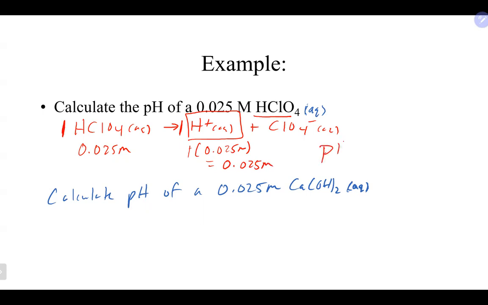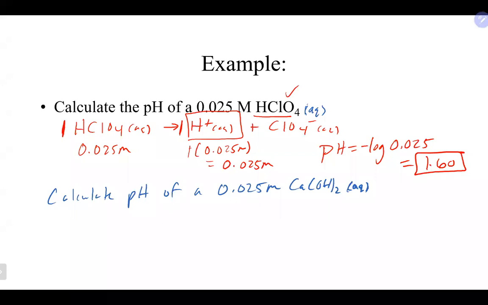That is good because we could just go into our pH now, minus the log of 0.025, and that will get us, looks like, 1.60 as our pH. That is acidic and that's an acid, so that is good. Again, if you got a pH of 13, not so good, probably something went wrong along the way.